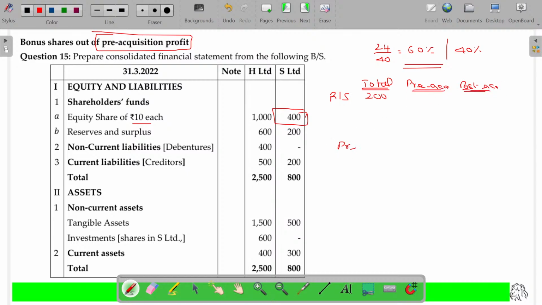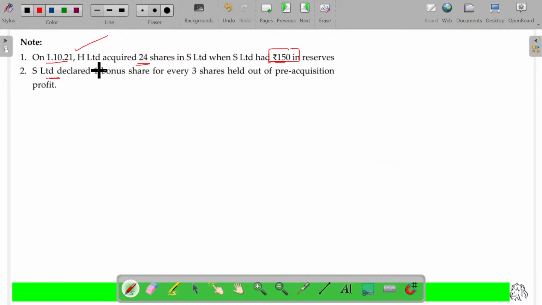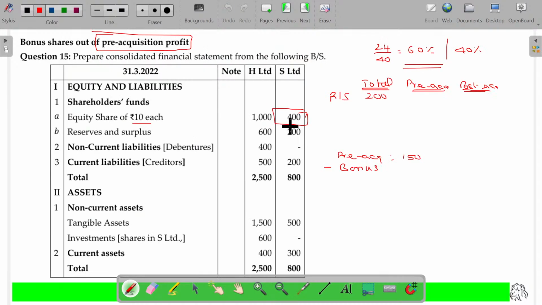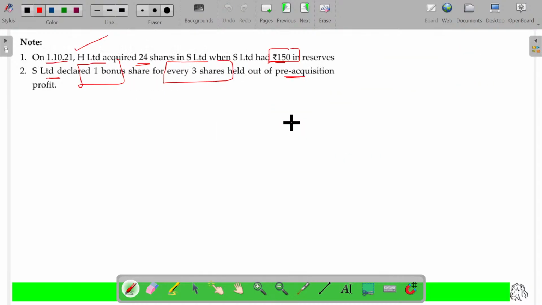So pre-acquisition profit being 150. Bonus is given from this amount only. S Limited declared 1 bonus share for every 3 shares held out of pre-acquisition profit. 1 share is offered for every 3 shares held. So here 40 shares are there, right?